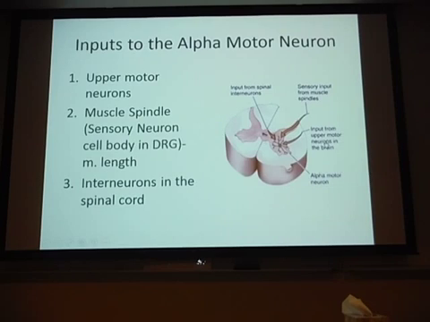Upper motor neurons can also synapse on interneurons before hitting the alpha motor neuron. But the three types of input, the three synapses that you might see on the alpha motor neuron, are the upper motor neurons, information from the muscle spindle, those type 1A fibers, and interneurons in the spinal cord.